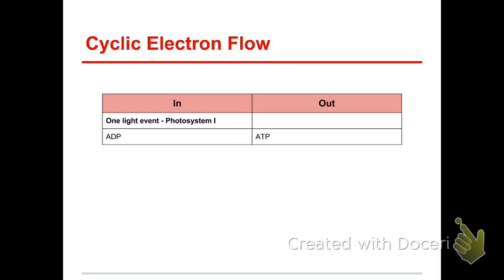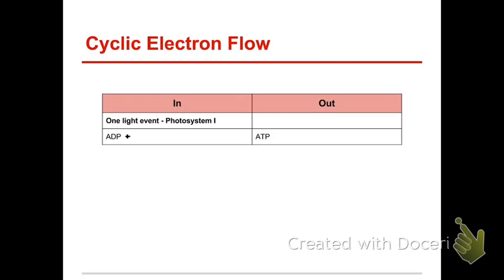Before you really understand the nitty-gritty details of what we just talked about, you really just first have to understand what goes in, what comes out. What goes in to the cyclic electron flow is light. One light event. Light hits photosystem I. We also have ADP. I guess technically what else should we put there?